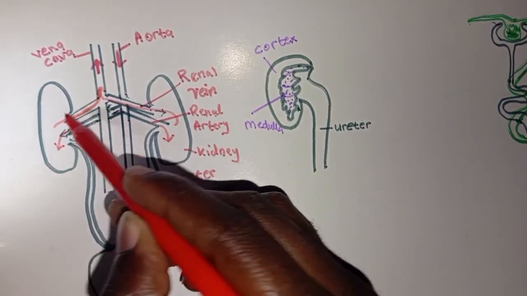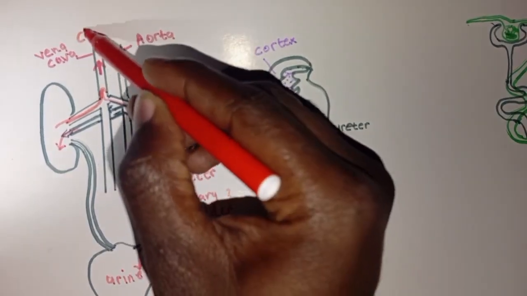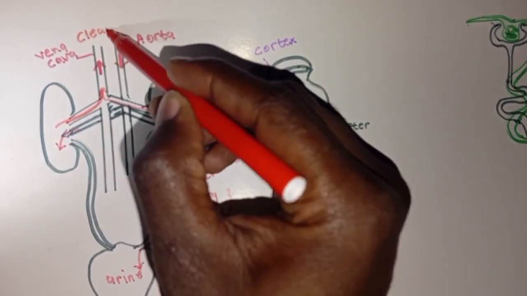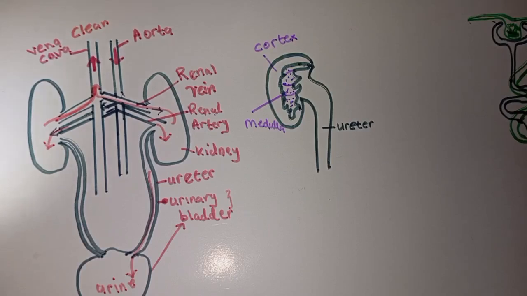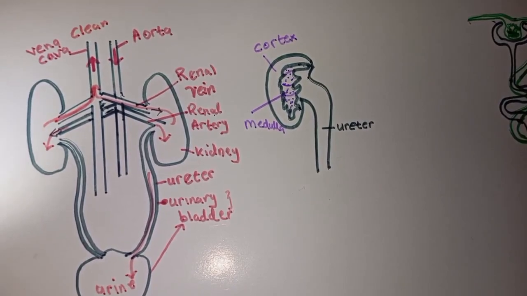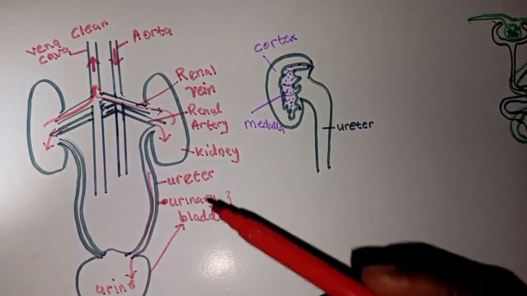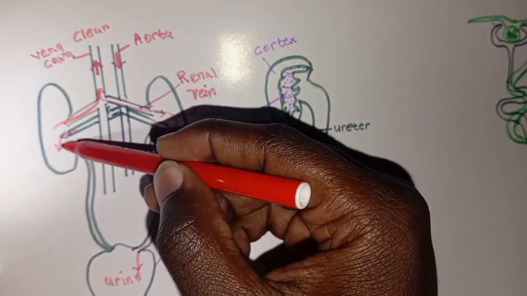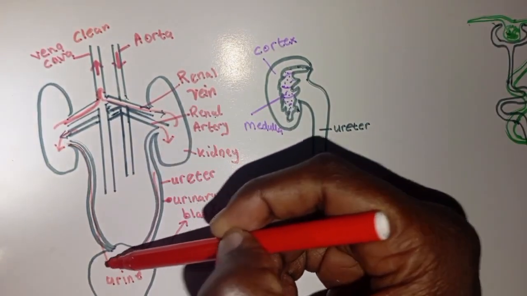This blood that is going back is clean blood. It has been cleaned. The kidneys have removed anything toxic that they're supposed to remove. This includes urea, some salts, even some excess water. The same thing here will happen after the blood is filtered. The fluid that comes out is urine.